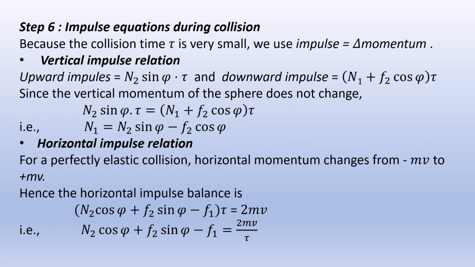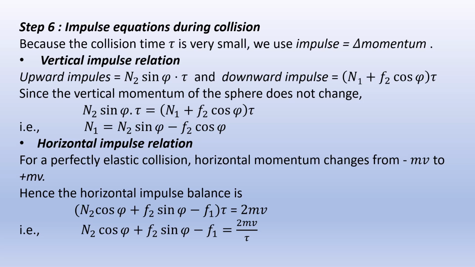Now we come to the most important mathematical part of the solution, the impulse equations during the collision. Since the collision time, denoted by tau, is extremely small, very large forces act only for a very short interval. So instead of using ordinary force equations, we use the impulse momentum principle.